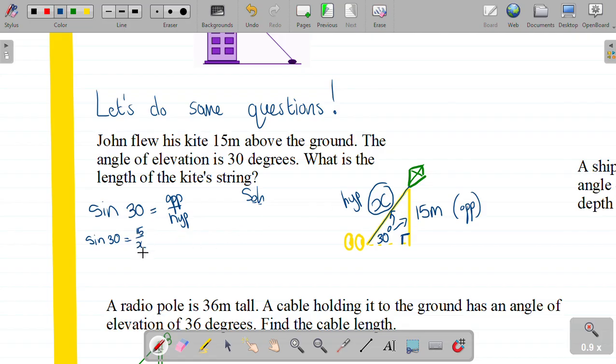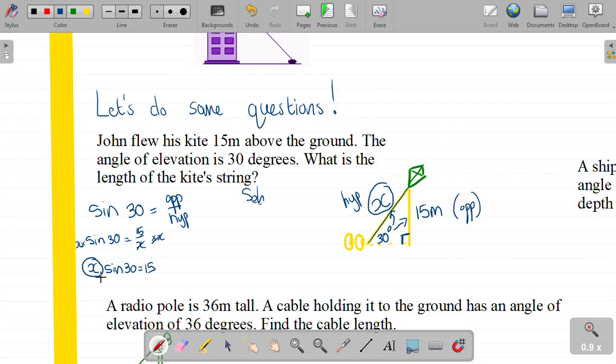Okay, and now we want to determine what this is. So we need to apply our rules that we know. How are we going to get the x alone? Well, firstly, we're going to multiply both sides by x. So we're going to times this by x, and this cancels out. So our new line would be x sine 30 equals 15. But remember, we want to solve what x is.